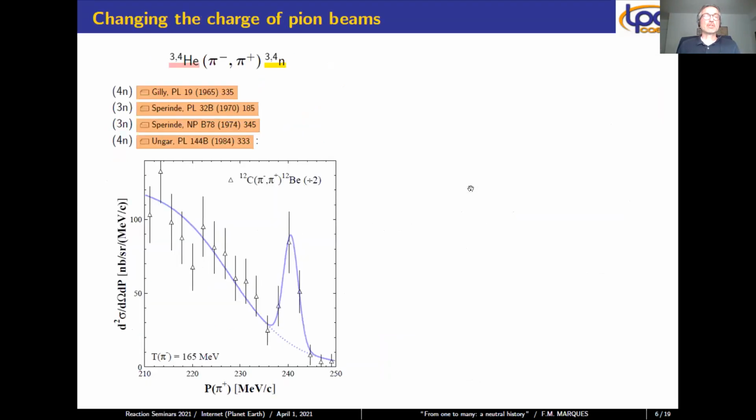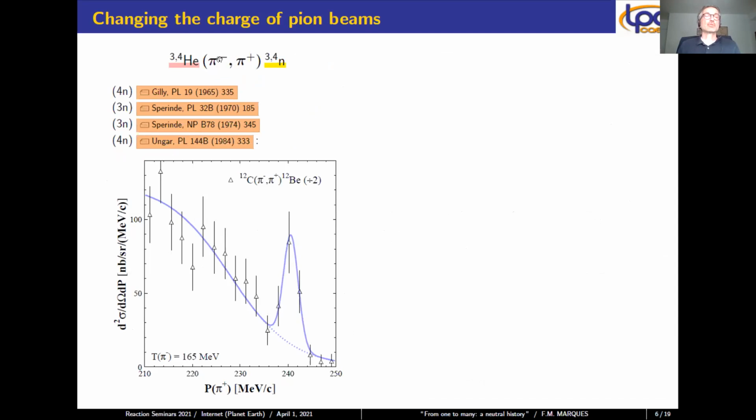And then I moved to another category, the missing mass category. This is a cleaner one, because you detect only the partner of the neutrons, and you don't have all the backgrounds that you have in the activation category. The first class of experiments on missing mass are double charge exchange with pions.